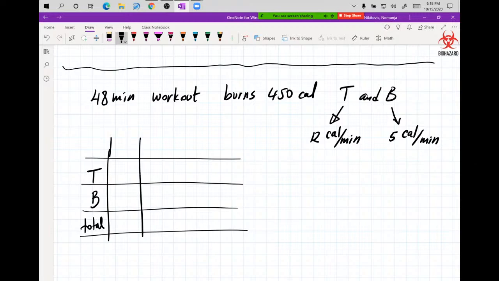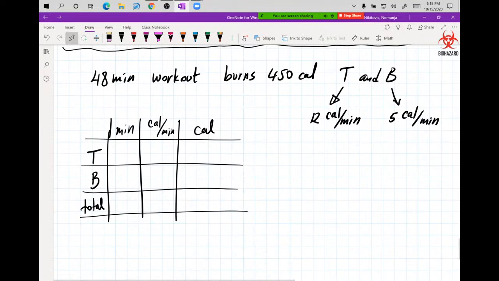Then you're going to have your minutes over here, your calories per minute over here, and then calories in the last one, because minutes times calories per minute, minute and minute cancel, so it is this times this equals that.